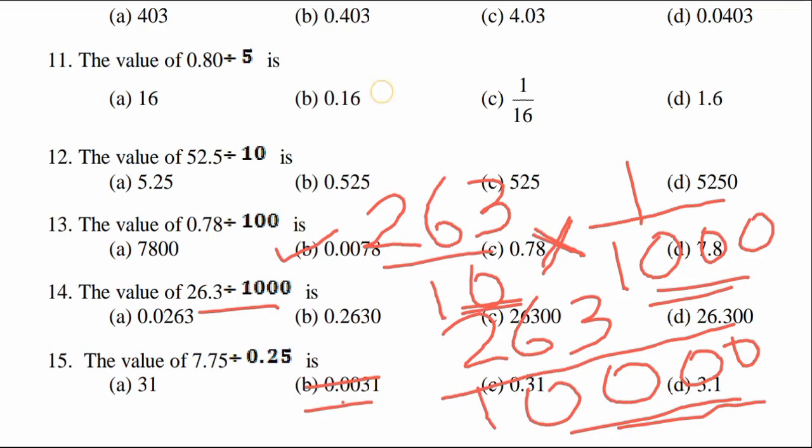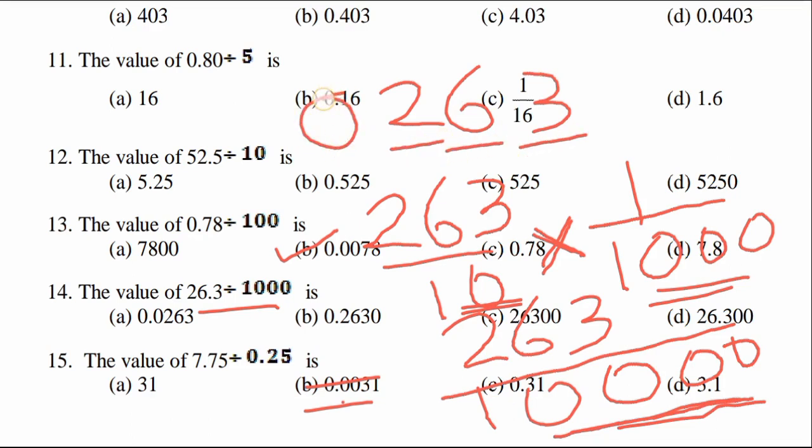Now we put the decimal point after 4 digits, 1, 2, 3, and for the 4th digit we write 0, and now the answer is 0.0263, and here it is given in option A.